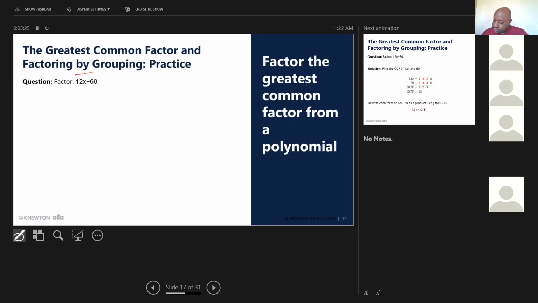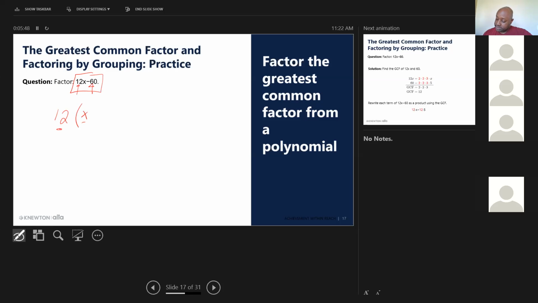Now we want to factor 12x minus 60. Look at what my greatest common factor is between 12 and 60. Well, that is 12. And I can't factor out an x, so now I put my parenthesis, and I ask myself, 12 times what will give me x?